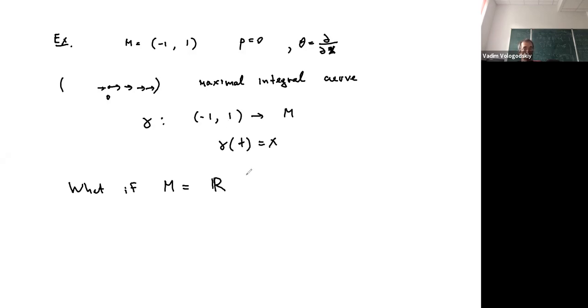Well, how to do this? Just from the point of view of differential geometry, R cannot be distinguished from an interval, right? You can find a diffeomorphism between R and this interval.